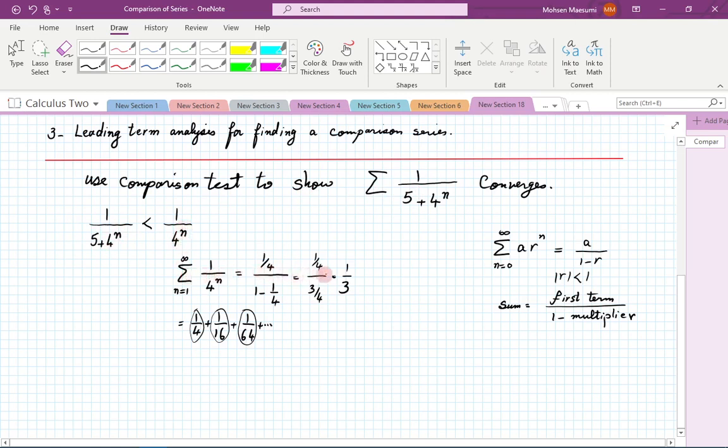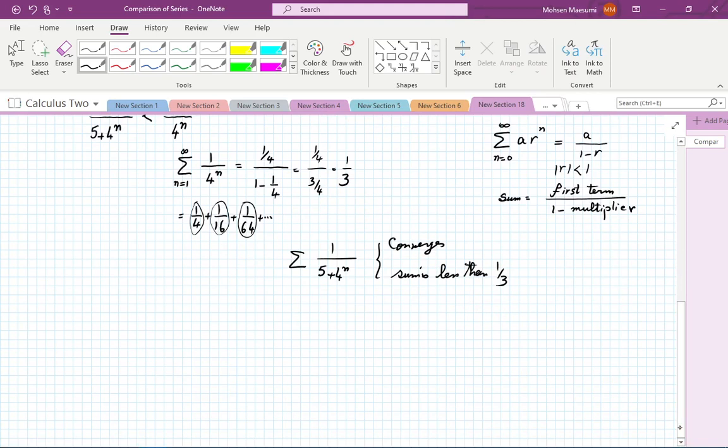Second, we have to show that we know the convergence or divergence of this, and therefore we can establish that the series 1 over 5 plus 4 to the n, first of all, it converges, and then we know that the sum is less than 1/3. So that is how to establish convergence based on this idea.